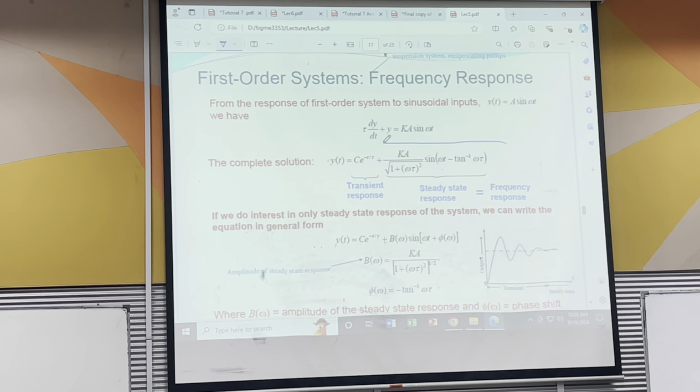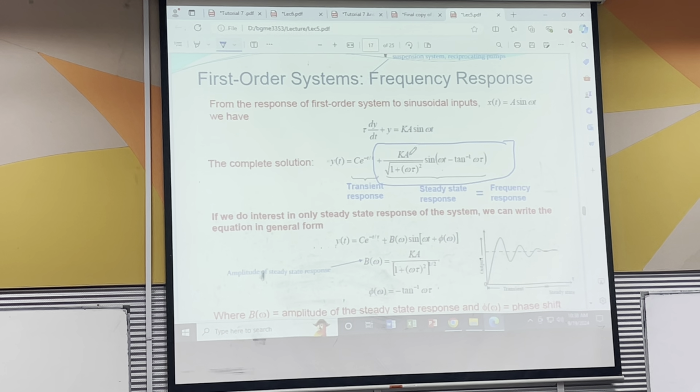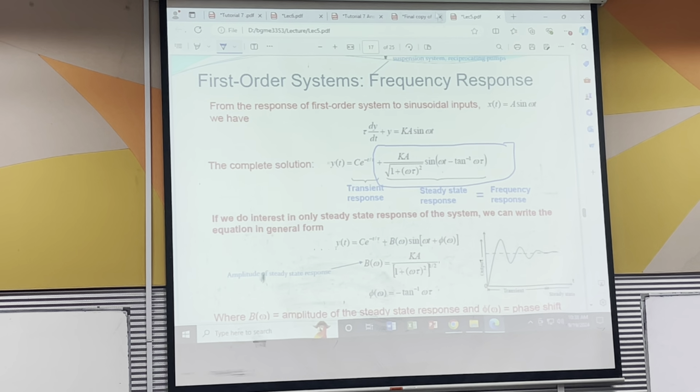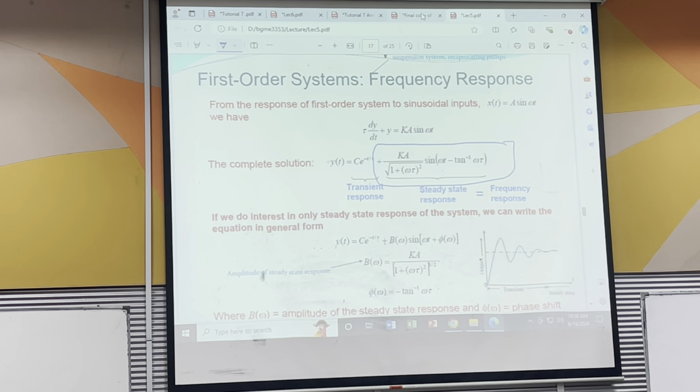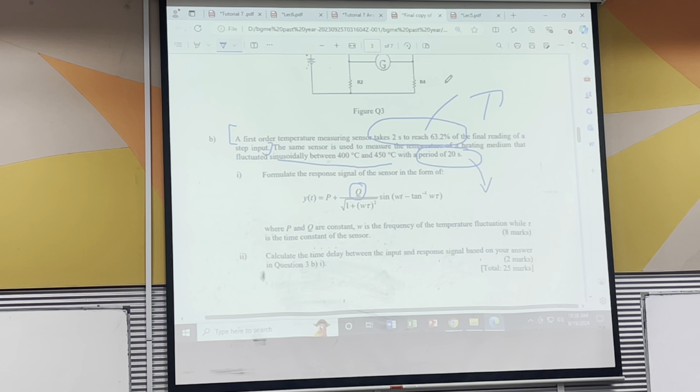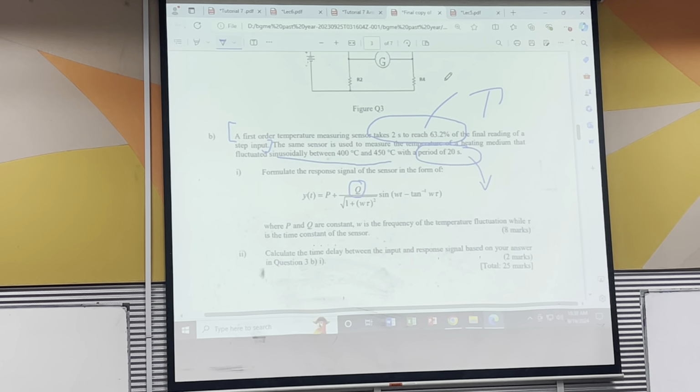Your frequency response, you should have a steady state response equal to Ka over all these things, right? So compared to here, you know that your Q actually equals to... if you all still keep the summary that I printed for you, you can refer directly from there.